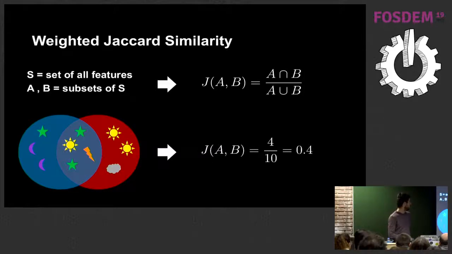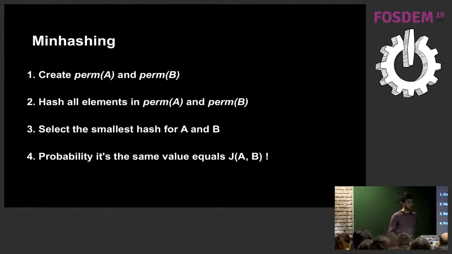We use this because it has a pretty interesting property: if we pick a random permutation over our set of features and apply it to A and B, then hash all the elements that were permuted and select the smallest hash, the MinHash, then the probability that these values will be the same is equal to the Jaccard similarity of both snippets.